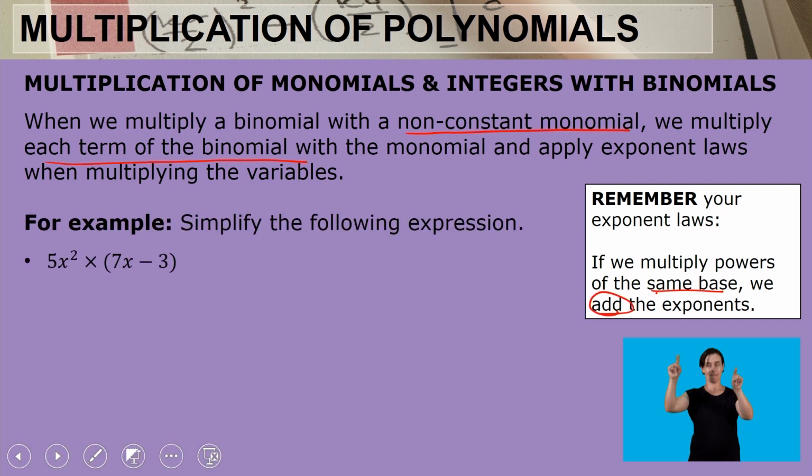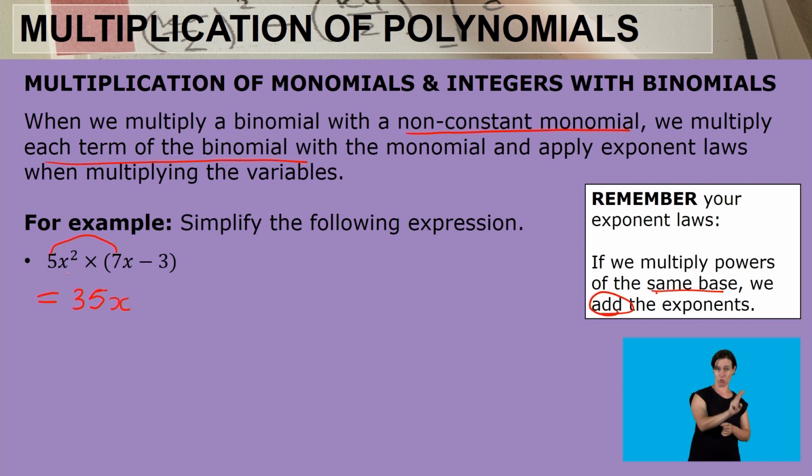Let's look at this example. So we have the 5x squared multiplied by 7x minus 3. Remember, each term in the binomial must multiply with the monomial. So we are going to say 5 multiplied by 7, that is a 35. Then we are going to multiply the variables as well.